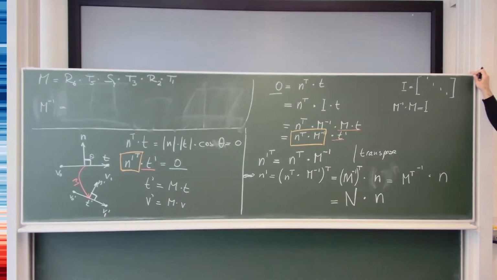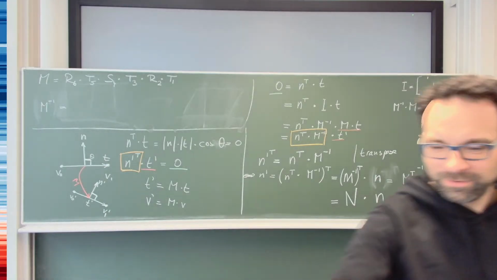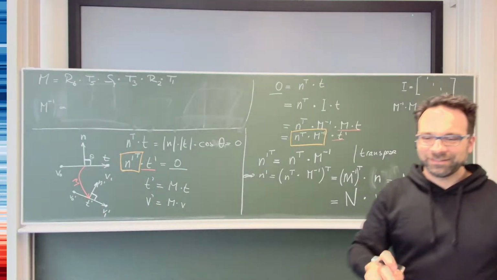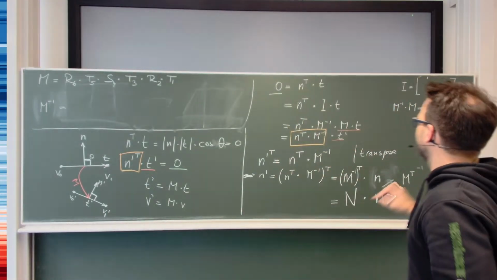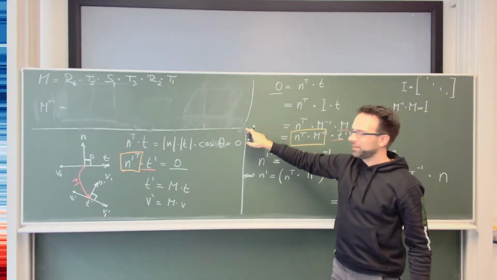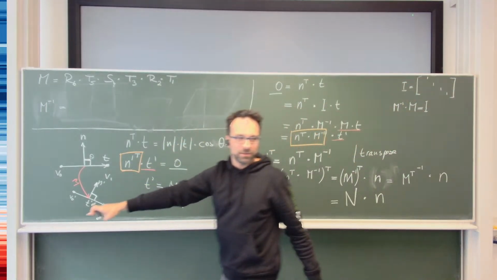First translate, then scale. How do I invert this operation? First, scale it back, and then translate it back.